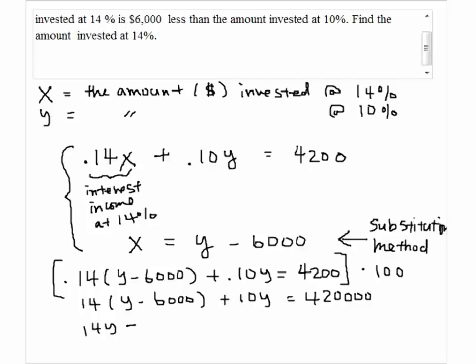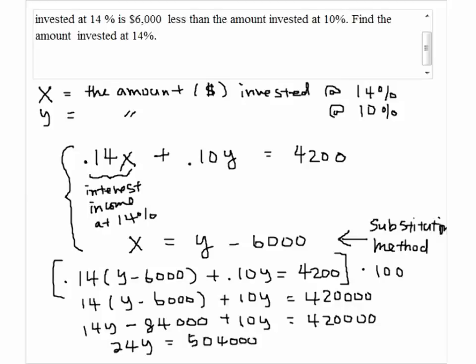So 14Y minus 84,000 plus 10Y equals 420,000. 24Y equals $504,000. So Y equals $21,000.